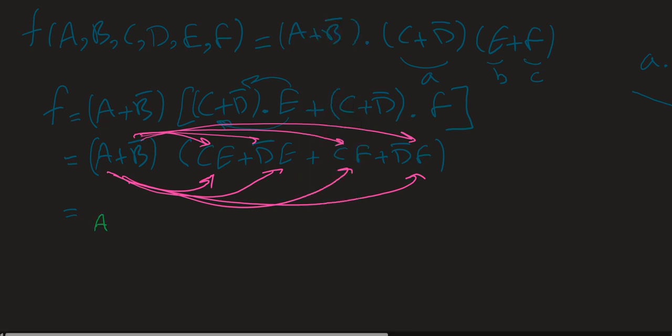So it will be A with CE or A with D bar E or A with CF or A with D bar F, or now B bar.